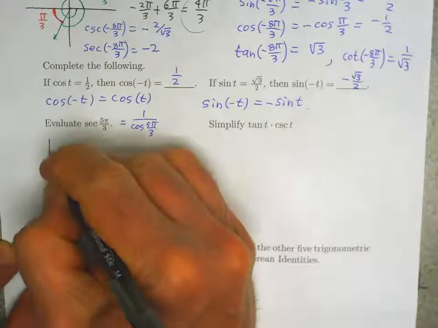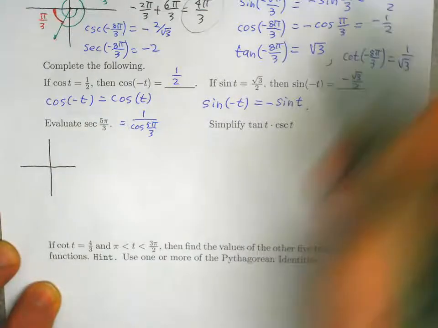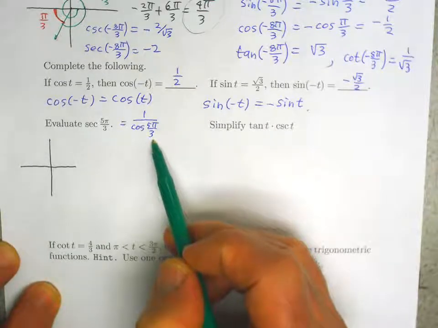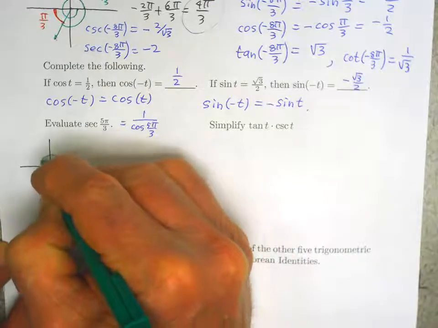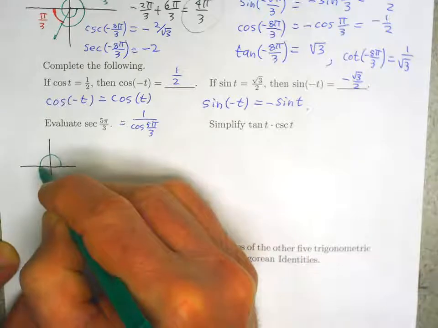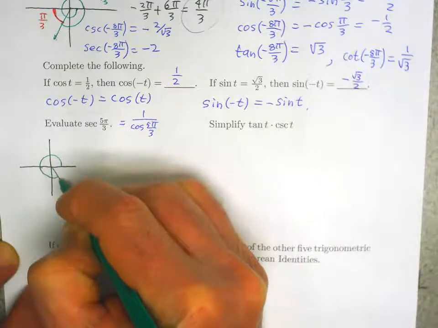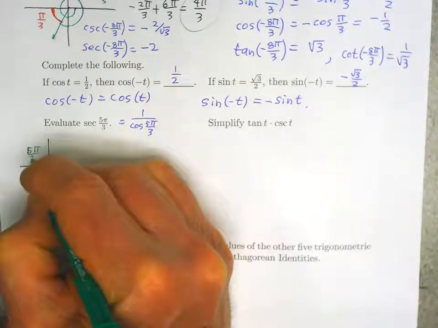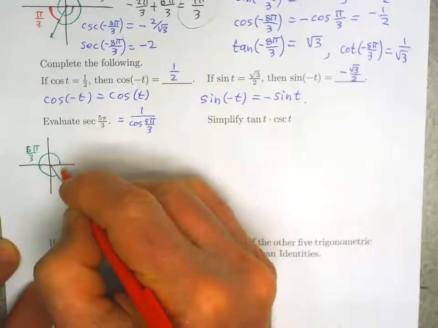Well, it's pi over 3 short of 2 pi. So counterclockwise, and we stop in the fourth quadrant. So this is 5 pi over 3. The reference angle is pi over 3.